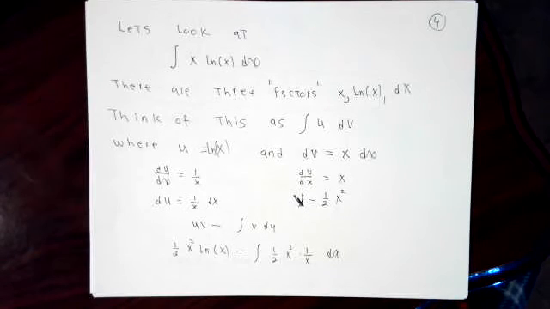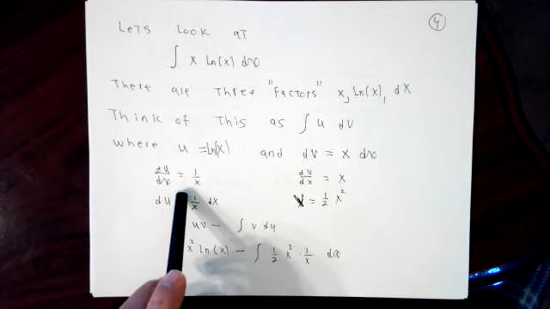I want to think about this as the integral of u dv. There is a number of different ways I could think of grouping these things together. I'm going to think of u as being natural log of x, which means the dv has to be all the other factors, in this case, x dx.